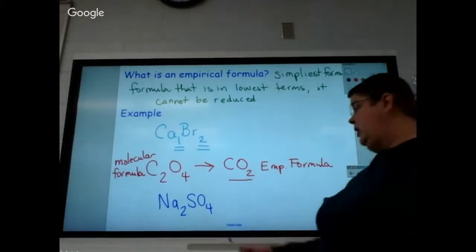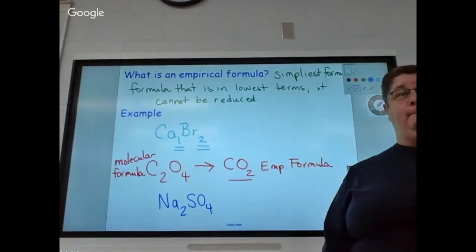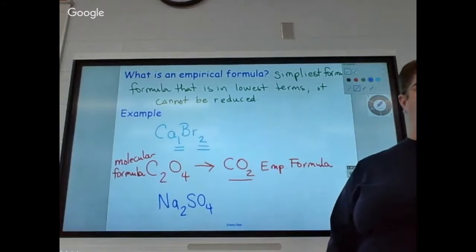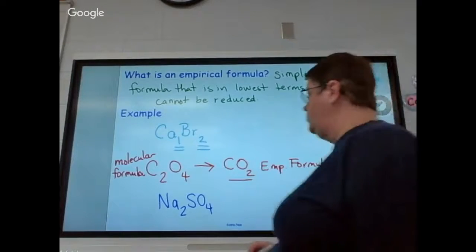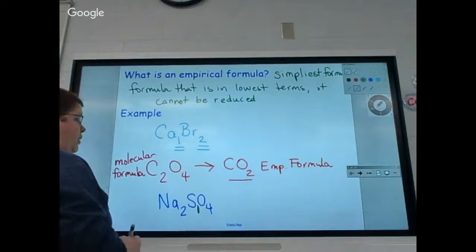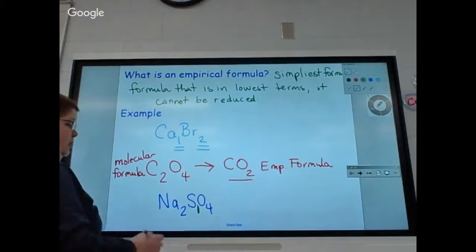All right. I could change the 4, possibly. But the 4 is like the sulfur. Wow. Okay, it's about the sulfur. What number's on the sulfur? That's the piece I needed you to tell me. Okay? The subscript on the sulfur is a 1. You could reduce if all the numbers are reducible.